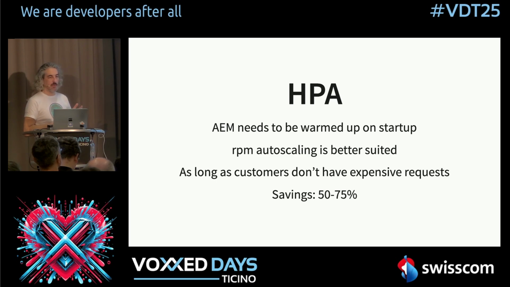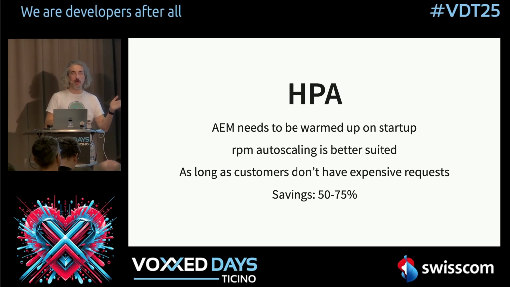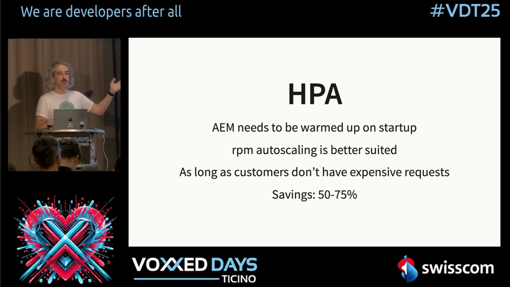We are saving 50, 75%, because we run typically between 2 to 8 pods per customer. For some customers we are running up to 60 pods, and obviously this is all going up and down depending. If you have a very high-traffic website, a commerce site or something, you're going to have periods where you need to scale up more.